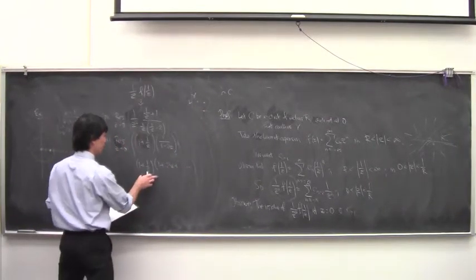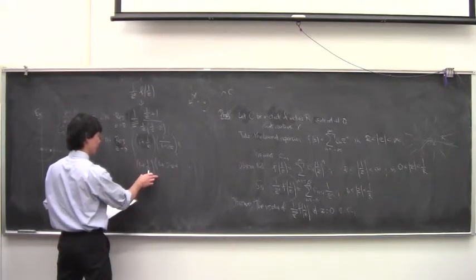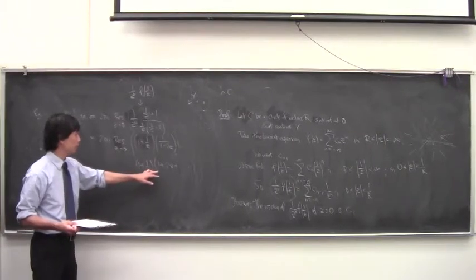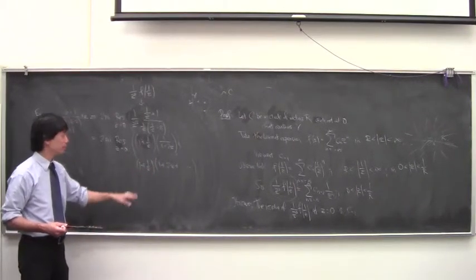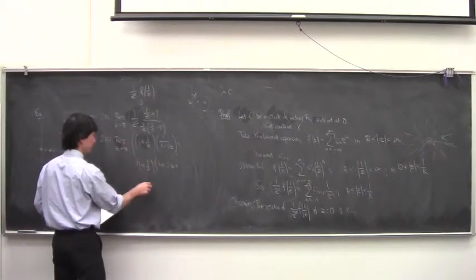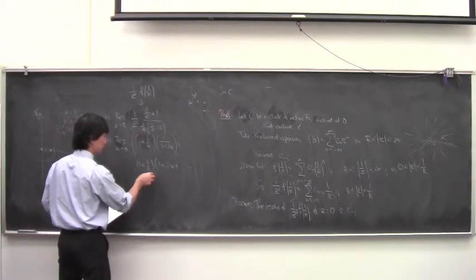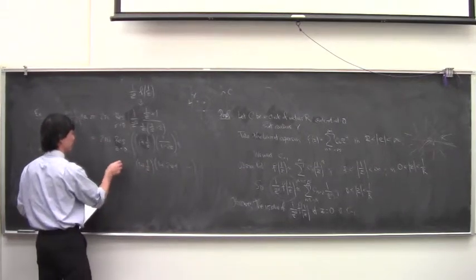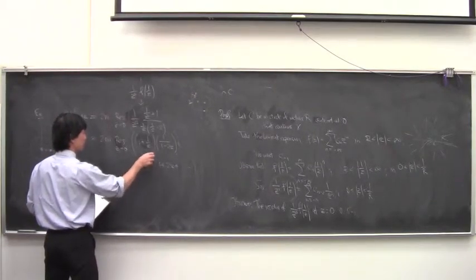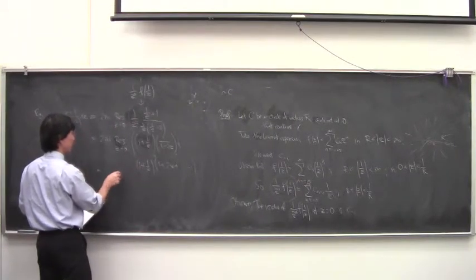And so the only 1 over z term you get is 1 over z, right? You see that the 1 over z term has coefficient 1. So it's this, and so you end up with 2 pi i.